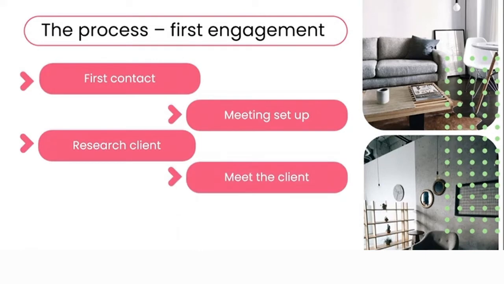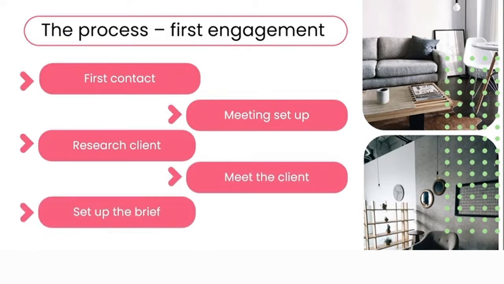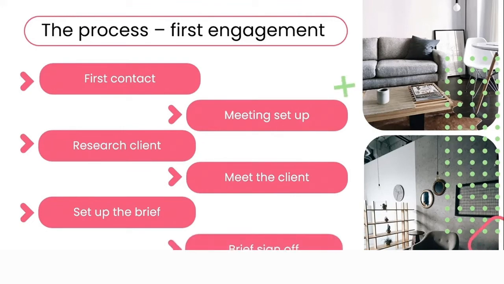The next step would be to meet the client, and from your client meeting, we would gather all the information we need in order to create our client briefing or project briefing document. And lastly, we would need to send our client our briefing document for it to be signed off. Now you've seen the process flow, let's break it up in a little bit more detail.